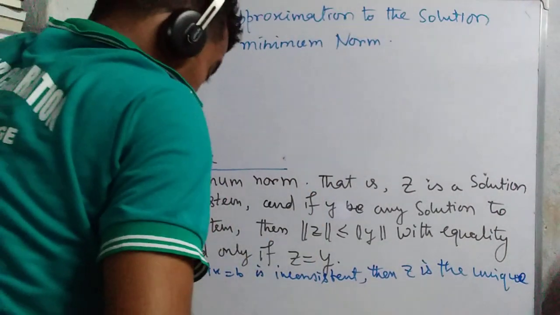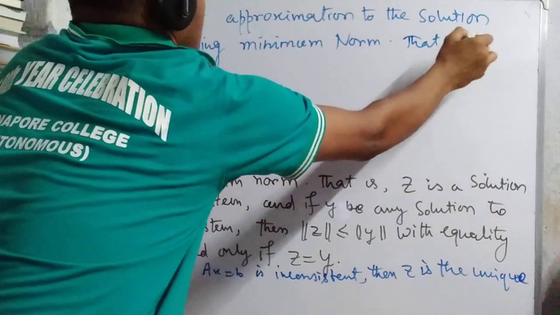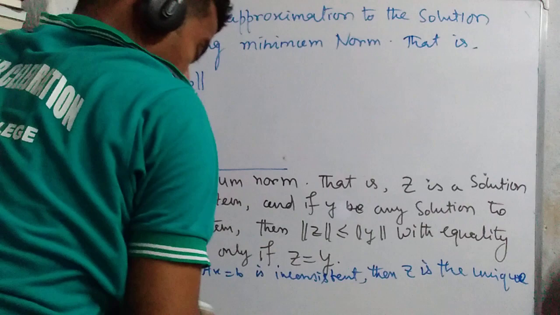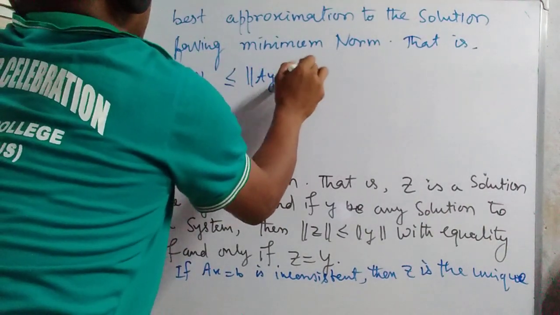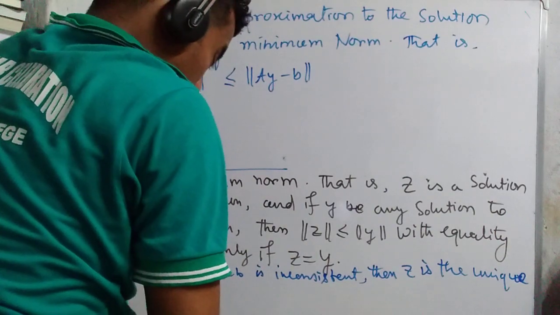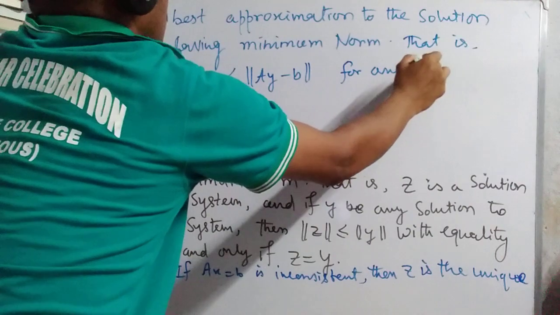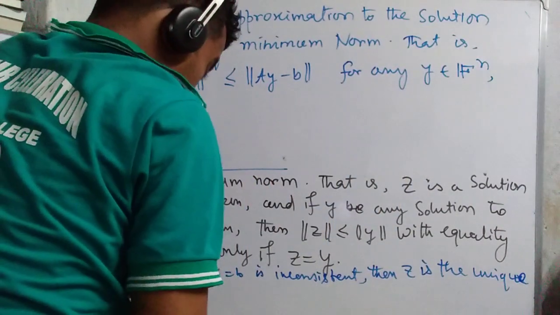Understood? That is, norm of Az minus b is less than or equal to norm of Ay minus b for any y belongs to F^n. Understood?